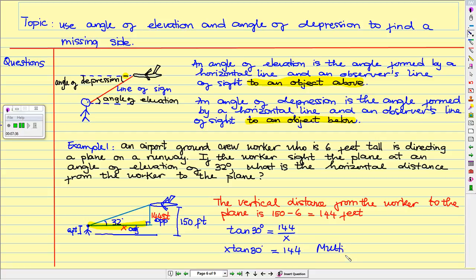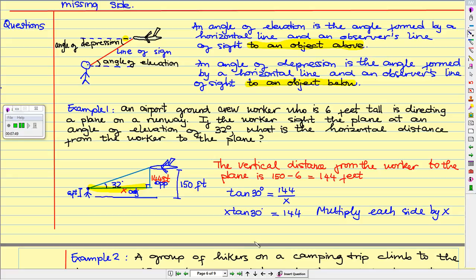Next, we divide each side by tangent of 32, not 30, I'm so sorry, 32 degrees. Let me correct my number.